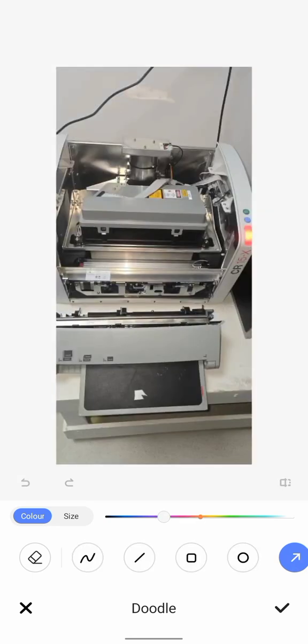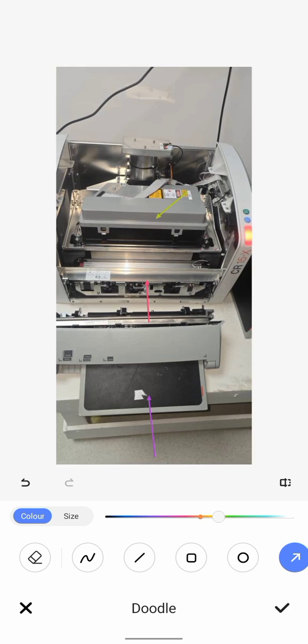Okay, look over here. The cassette is inside the image reader. The imaging plate is removed, and with the help of rollers, it goes inside the reader. Okay, after that, this is the part of the image reader. From here, the laser light is coming out.